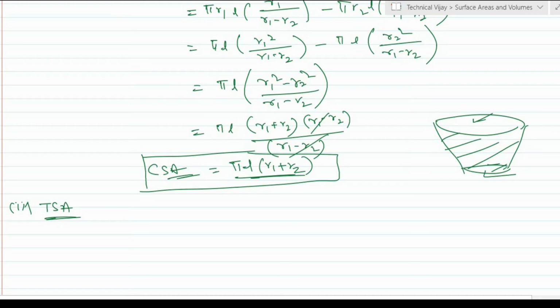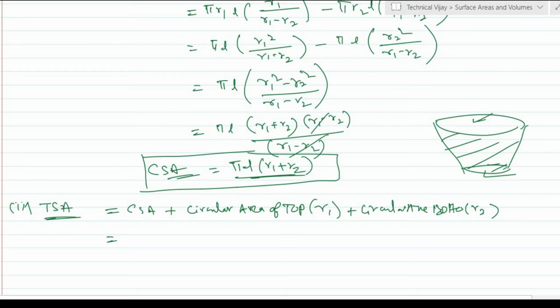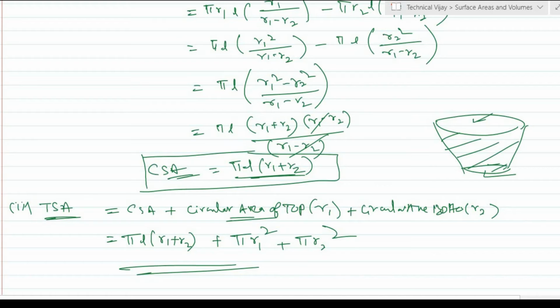So this is equal to the curved surface area of the frustum plus the circular area of the top, which has radius R1, plus the circular area of the bottom, which has radius R2. We substitute pi into L into (R1 plus R2), plus pi R1 square, plus pi R2 square, since circular area is pi R square. So this is the total surface area. In this way we can calculate.